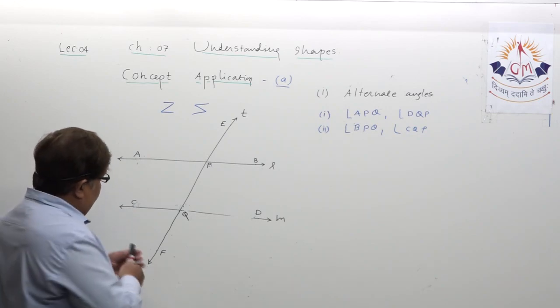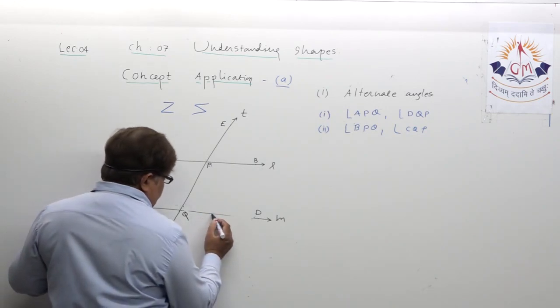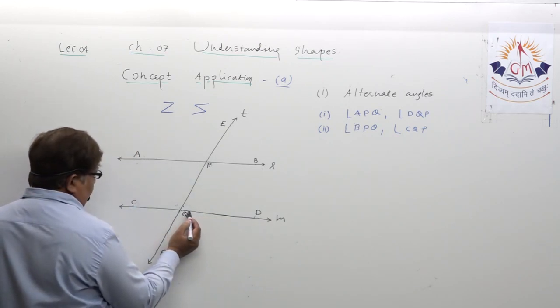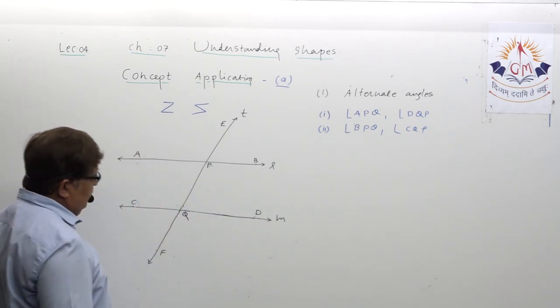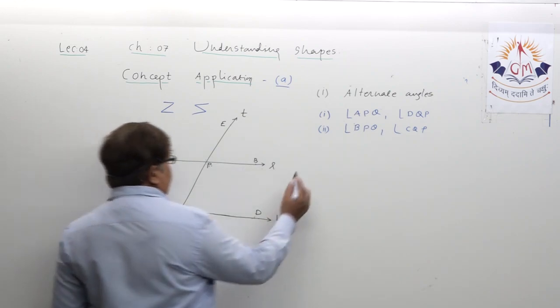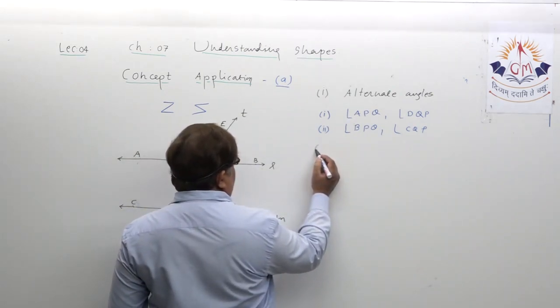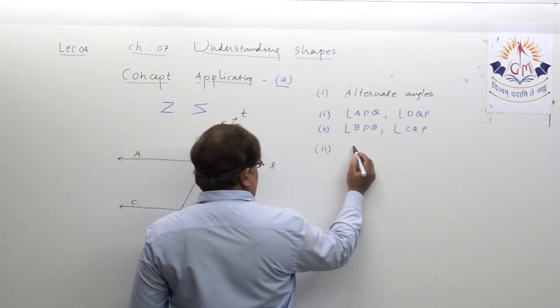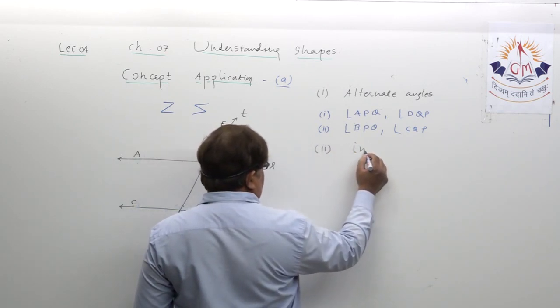Now, dear student, you understood the pairs of alternate angles already. Now let us title the second: interior angles.